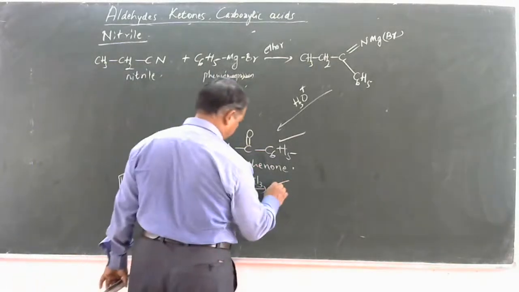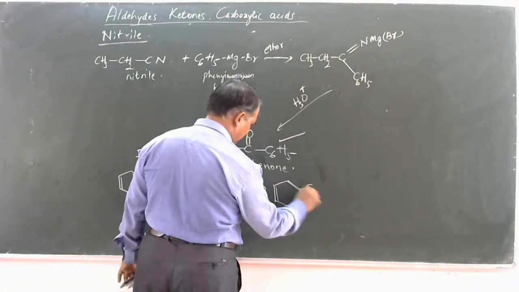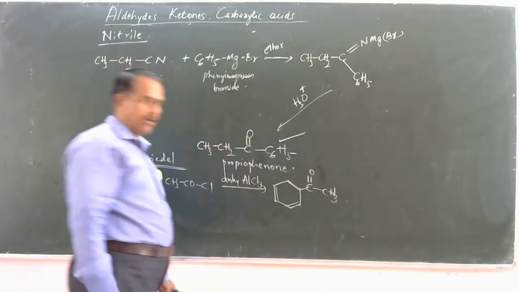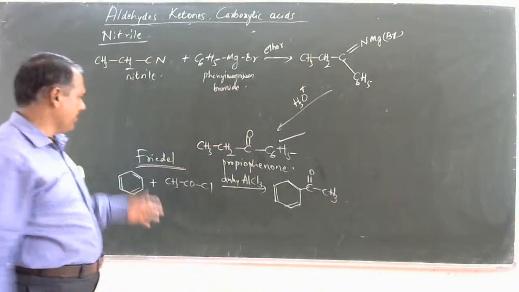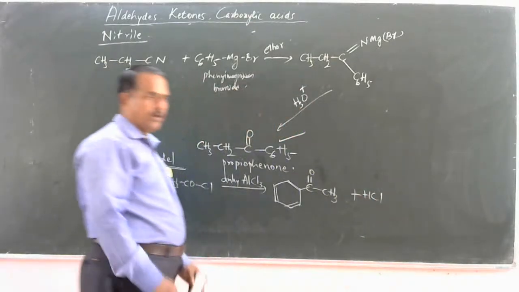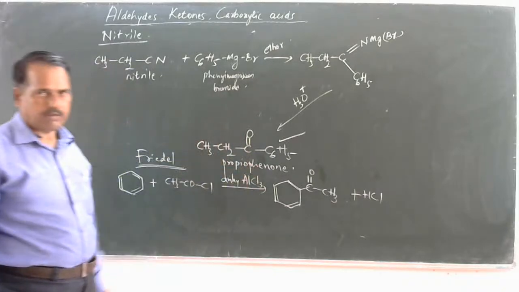So we will get acetophenone, C6H5C=OCH3. Are you clear? Very simple. Plus HCl. So this is how a ketone can be prepared.